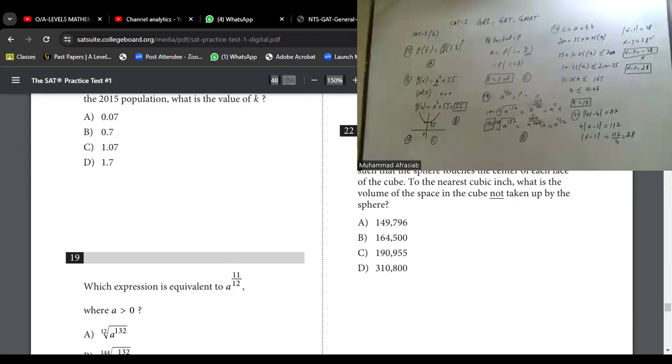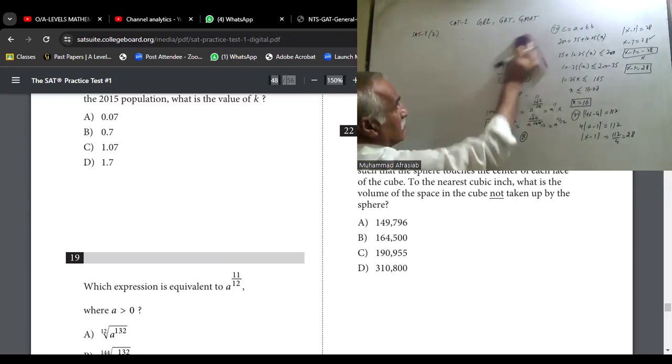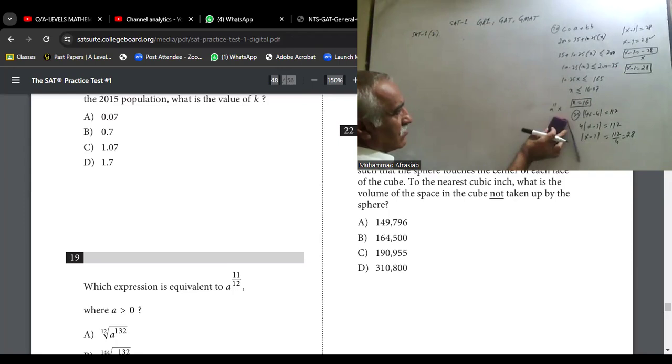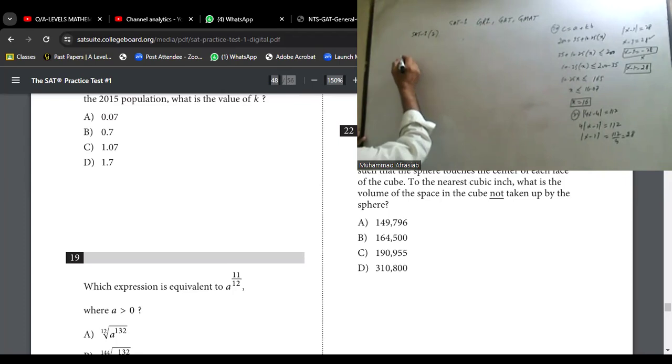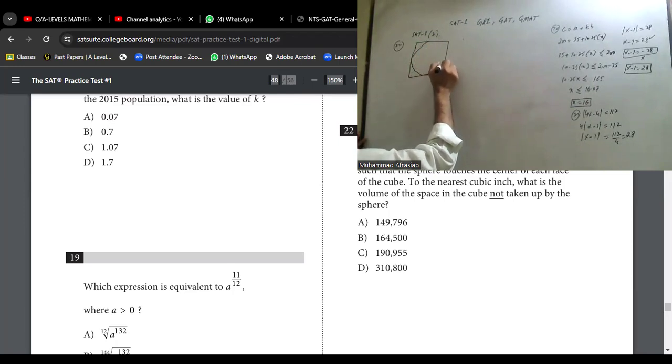So that means you are making a figure there. Let's say this is the cube, and in this one is the sphere, which is touching its sides there.